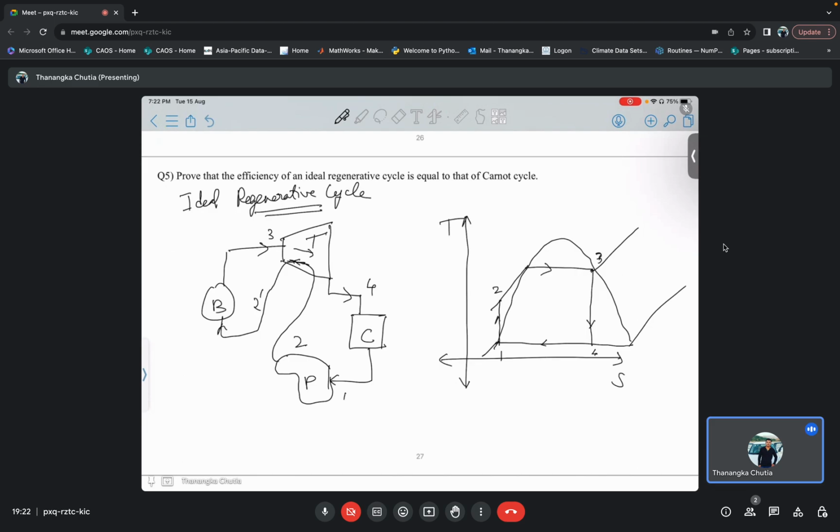Now if I have performed the regeneration, from point 3 I am no longer expanding it; rather there will be some amount of cooling at this particular pressure, so this will come back to 3 prime.